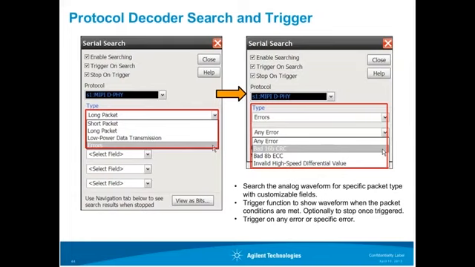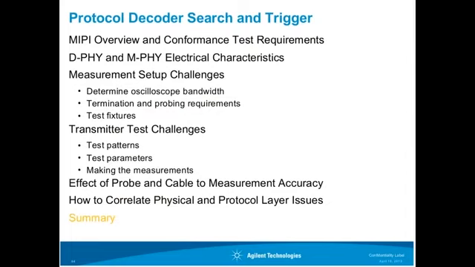The trigger function only shows the waveform when the packet conditions are met. You can also stop the scope once the protocol trigger condition is met. Finally, you can set it to trigger on any error or a specific error that you're looking for. This is a very flexible and powerful way for you to locate the packets that you want in your waveform.